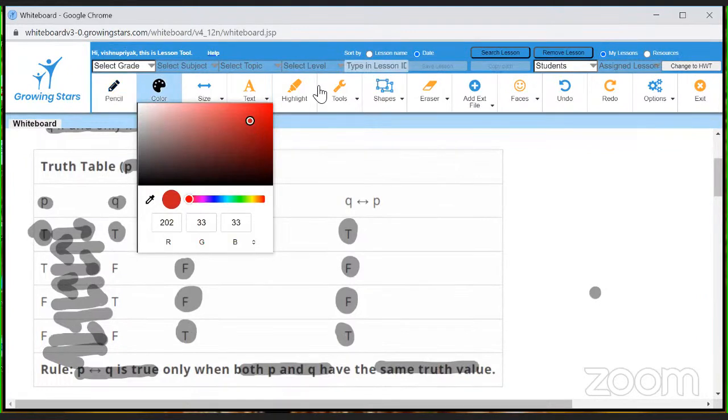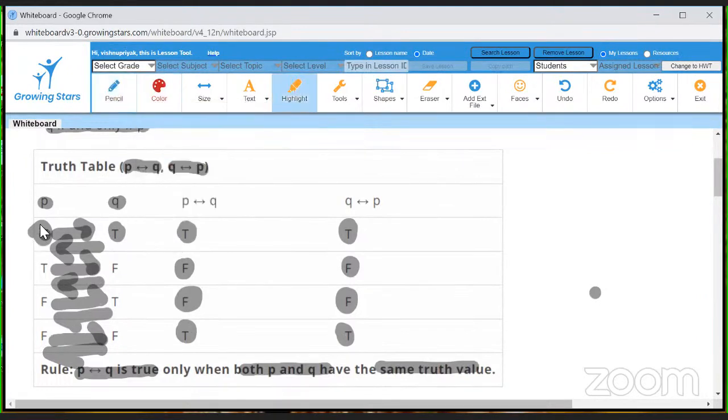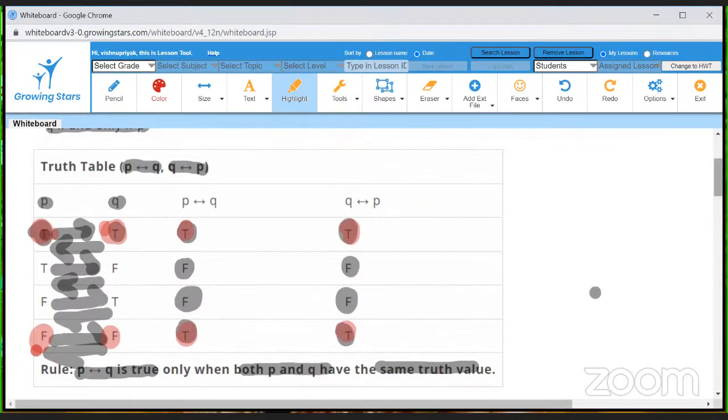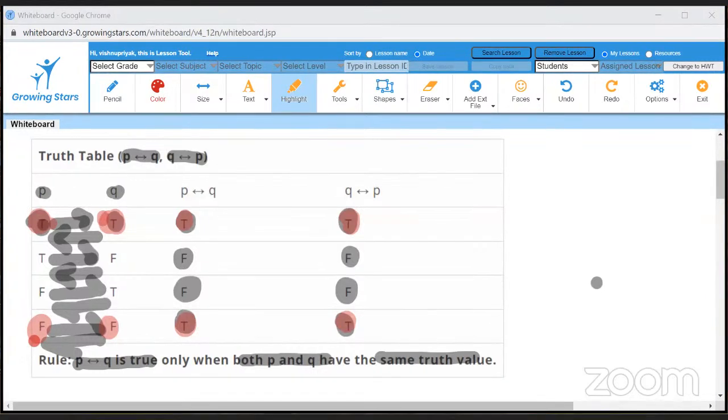That means both P and Q either should be true or they should be false. Then only the biconditional statement will be true. Learn the rule for memorizing, it will be easy.